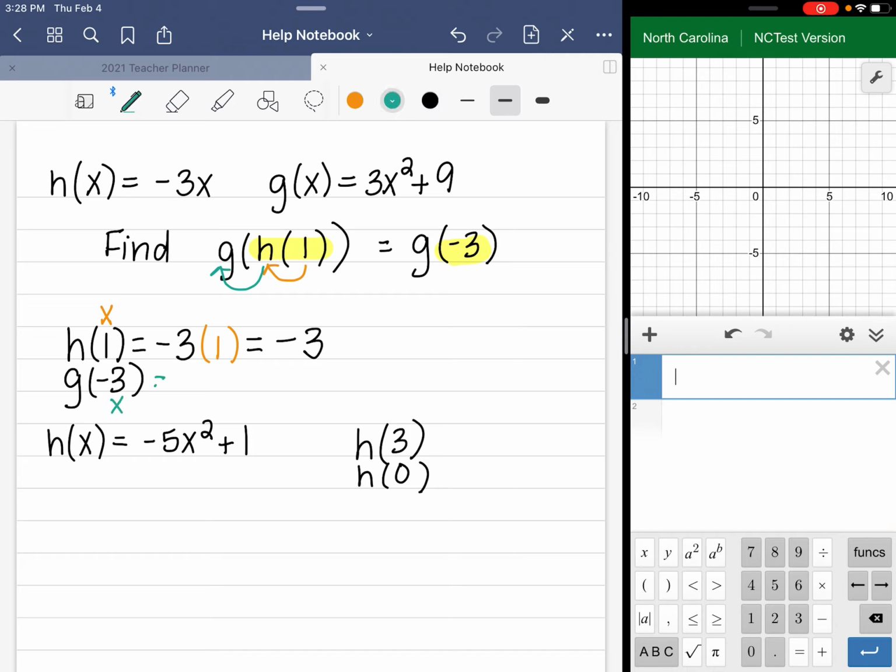Now we're going to take that -3 and plug it into the next g function where x is. So now we're going to do -3, and where x is, we're going to plug in (-3) squared plus 9. All right, so we can go plug this into Desmos.